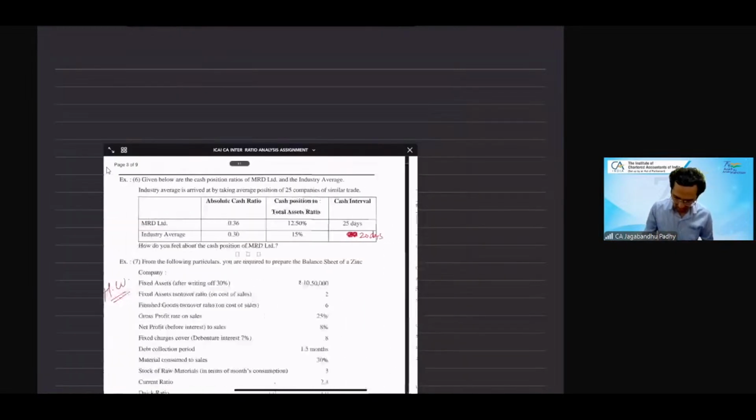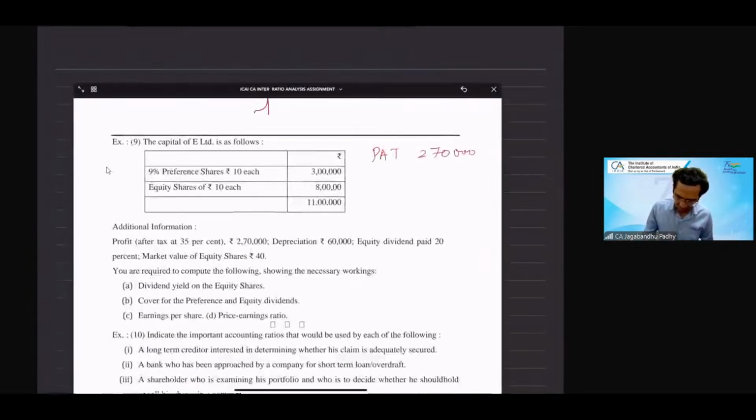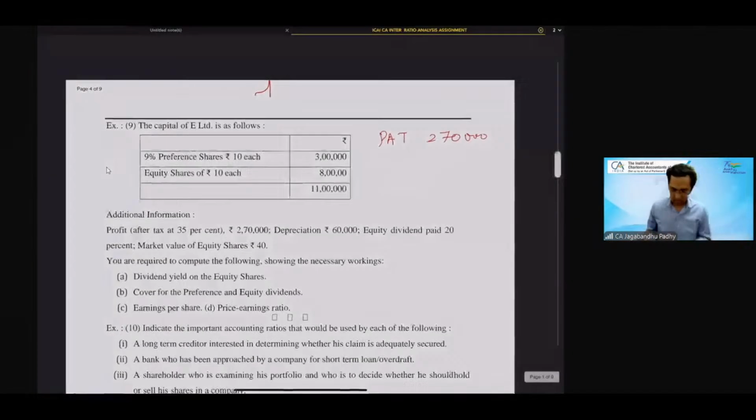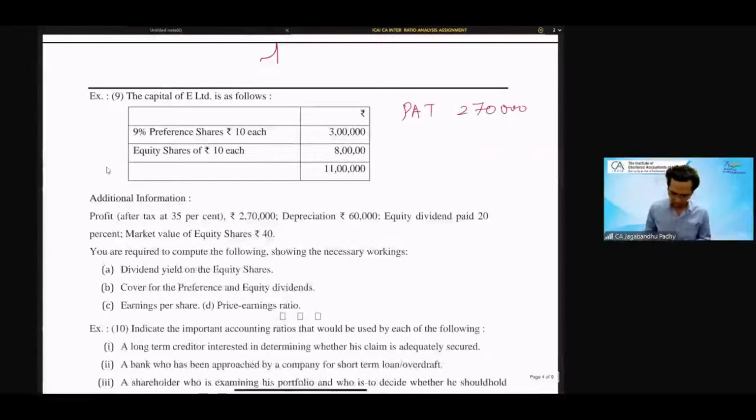Now, to get the earnings yield, we will need to calculate the amount of PAT and dividend yield. So, what is the amount of dividend that we are paying?